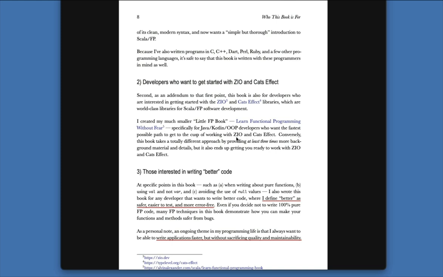So at the end of that book, I do start showing some Zio examples. So I can turn you over to the Zio documentation in that book, and you can actually start running the first Zio examples. Now, conversely, the book that you're looking at right now, the print version is 3 times larger than that book, and the PDF is 4 times larger than that book. So this book, and therefore this course, gets into much more detail than that book and that video course.